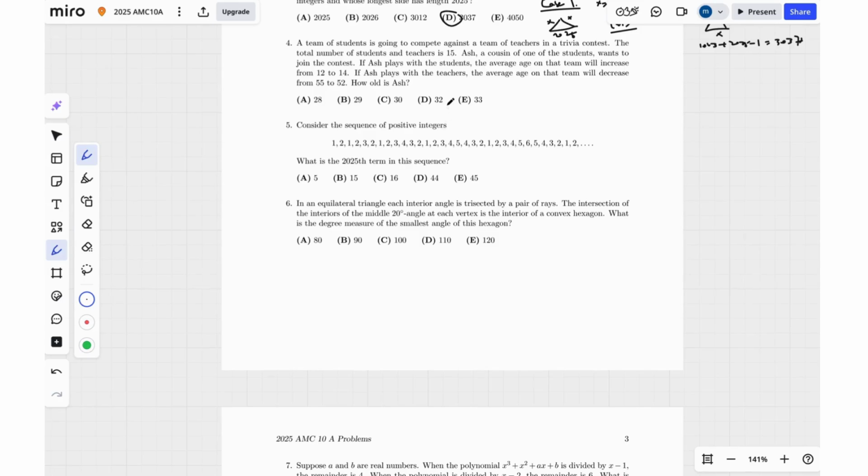Now for problem 4, we want to find Ash's age. So let n be the number of students and x be the age of Ash. So here we can set up a system of equations. So we have (12n plus x) over (n plus 1) equals 14.